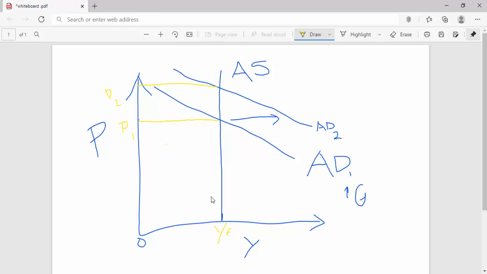In the classical model, management decisions have no impact on production, and hence employment won't be improved.